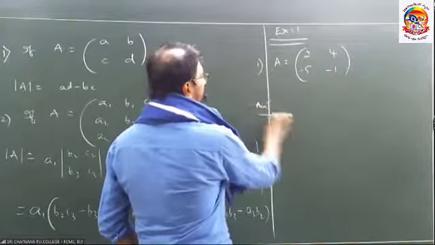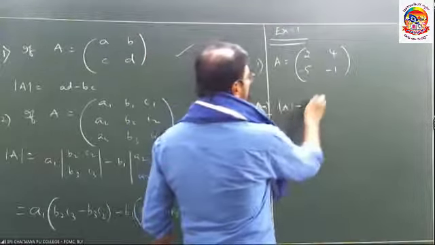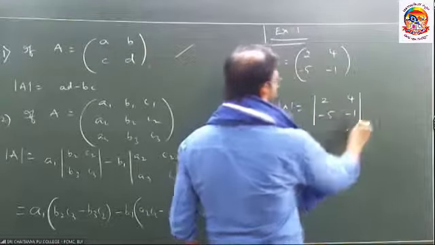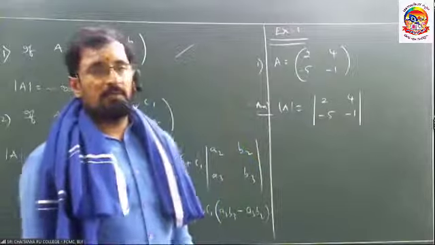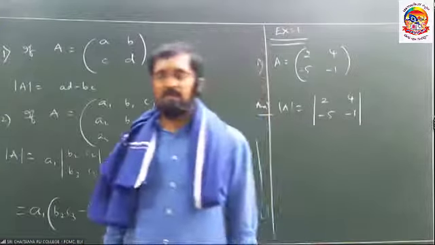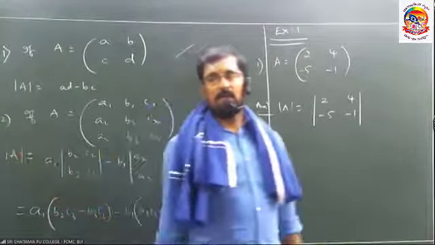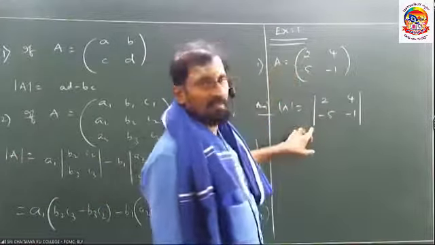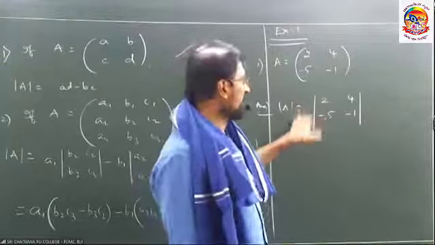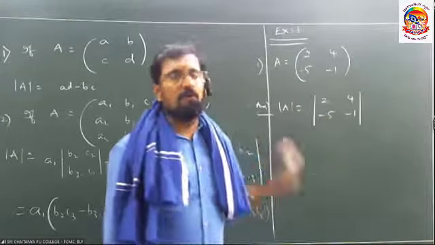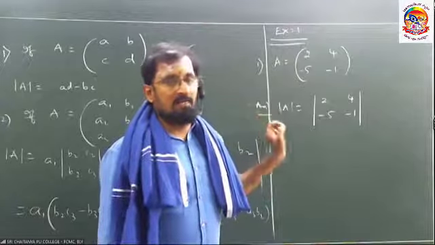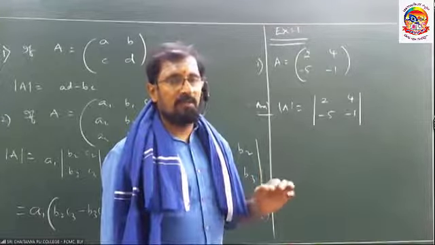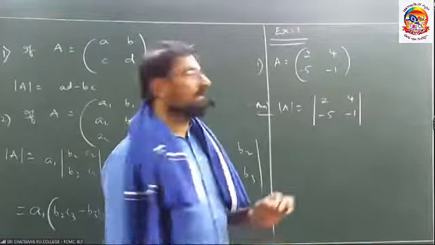The answer: det A is equal to the determinant of 2, 4, minus 5, minus 1. You should observe what brackets I am using. This is a matrix, this is a determinant. You should not close it with square brackets if you want to represent a determinant.